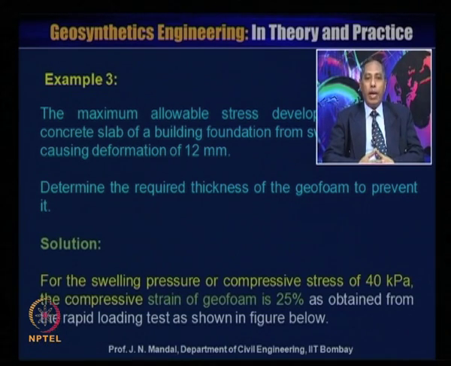So you have to determine what should be the required thickness of the geofoam to prevent it. So here in this problem we will calculate what thickness is required due to that swelling and the deformation.